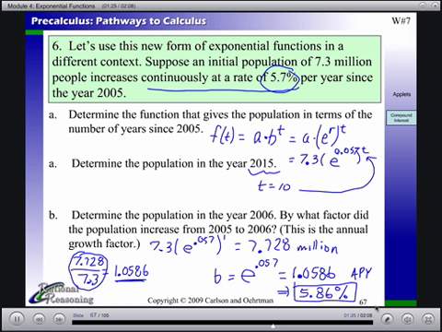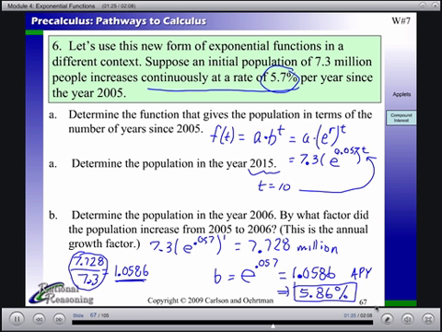Now, when you do that, there's a percent increase. That's not the multiplier. So if the growth factor is 1.03, you multiply an amount by 1.03 to get the new amount. What was the percent increase? 3%, you see.